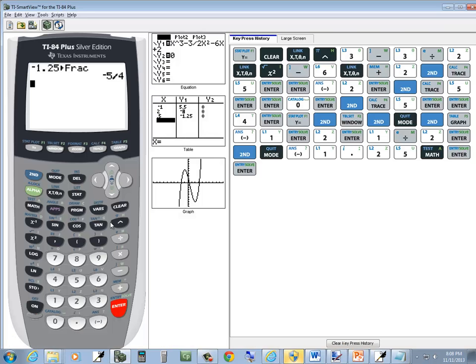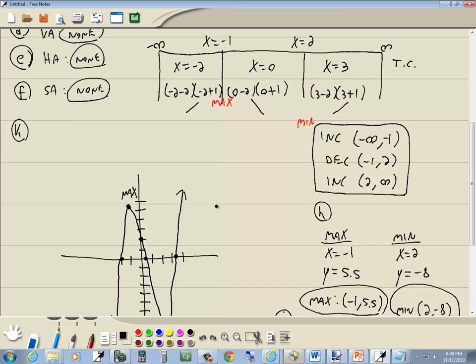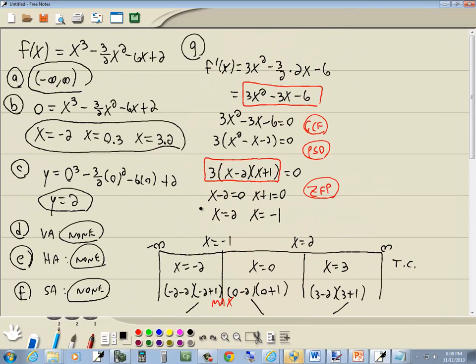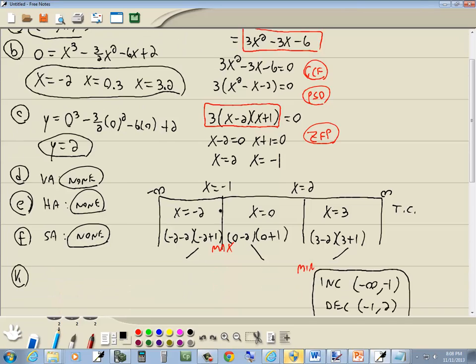Now we've already graphed it in our calculator, and you see this is what our graph looks like. But again, we're kind of verifying the calculator. Calculator will give you the correct graph a lot of the times, but a lot of times they'll give you false pieces of the graph also. So this shows you how to get the true picture. And those are all our answers.